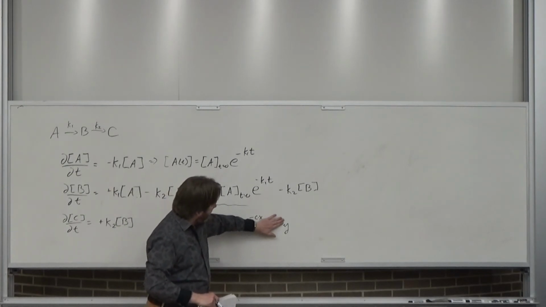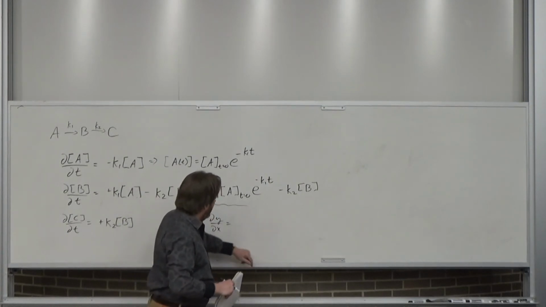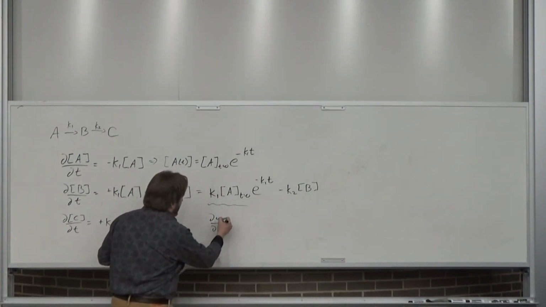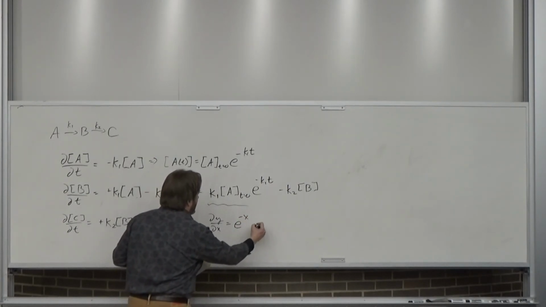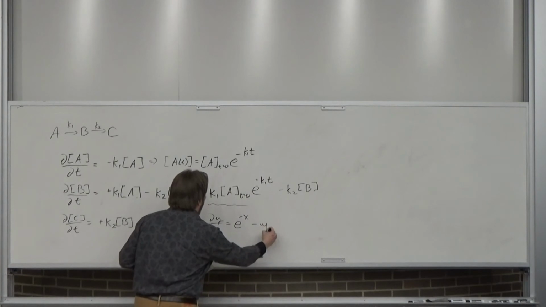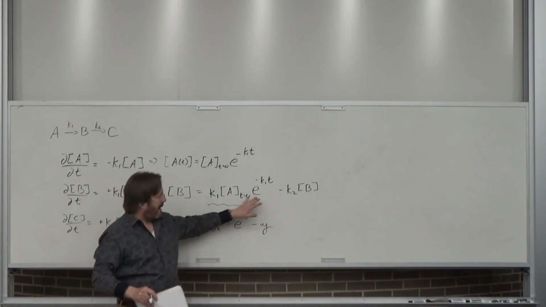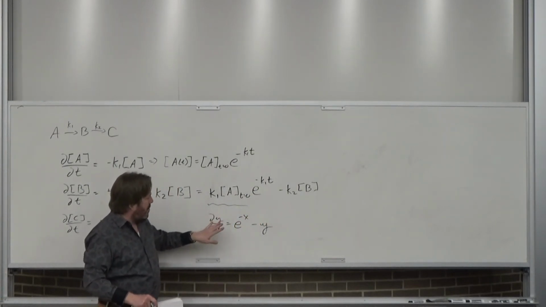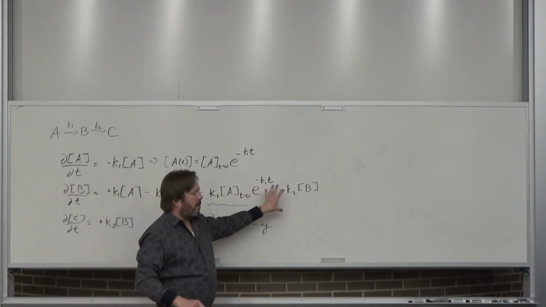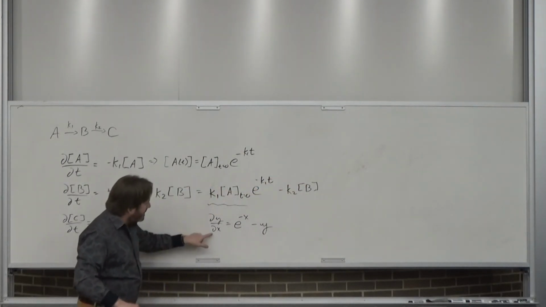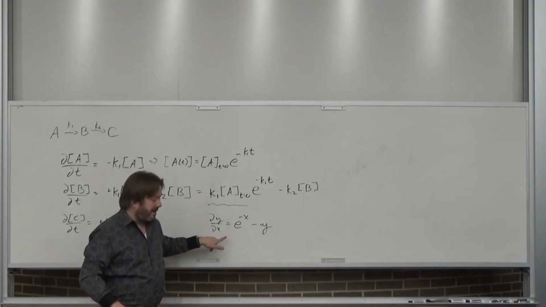Actually, to simplify it as much as possible, sorry, I'm just kind of babbling around, it's kind of like this: change in y, change in x is e to the minus x minus y. Let's just put it that way. So again, I've hugely simplified it, but I just want to point out that this first order differential equation basically kind of looks like this. Now, I'm not sure how to solve this.